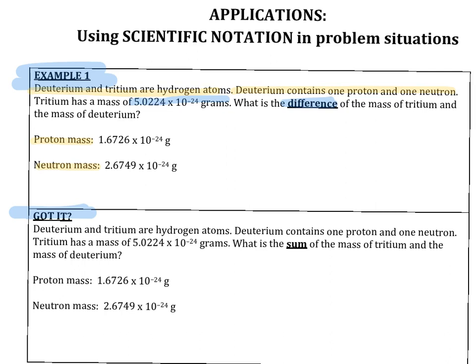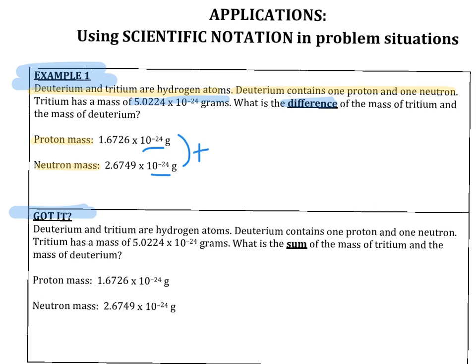So we want to find the difference of the mass of tritium and the mass of deuterium. Well, first we got to figure out how to define deuterium. Deuterium is going to be the proton and the neutron added together. We can do that if you recall from the previous lesson. If the exponents are the same, in this case they are both 10 to the -24th, we can just combine the coefficients.